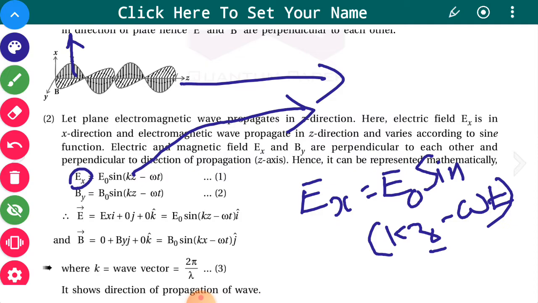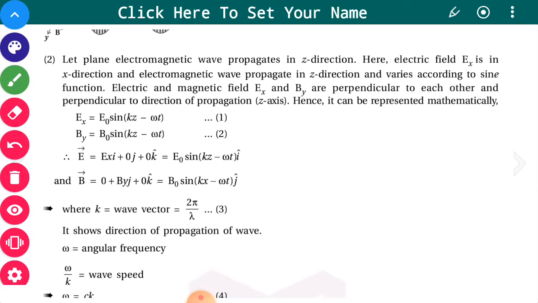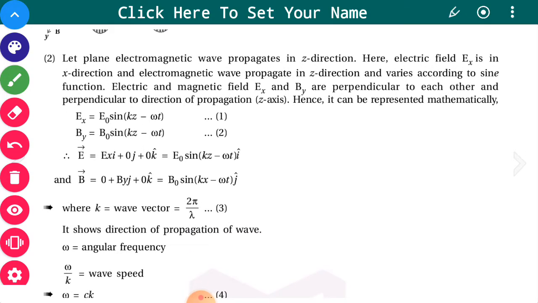Now a similar equation can be written for the magnetic field. The magnetic field is oscillating in the y direction, so By = B0 sin(kz − ωt). Here the y and z components of the electric field are 0.